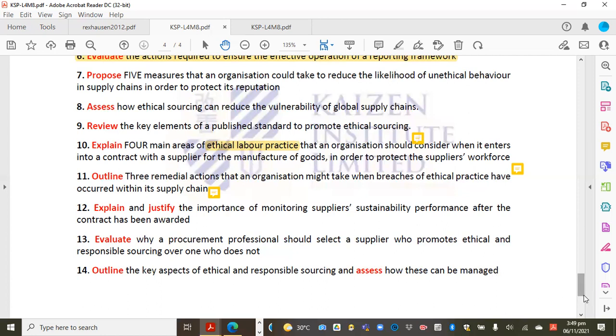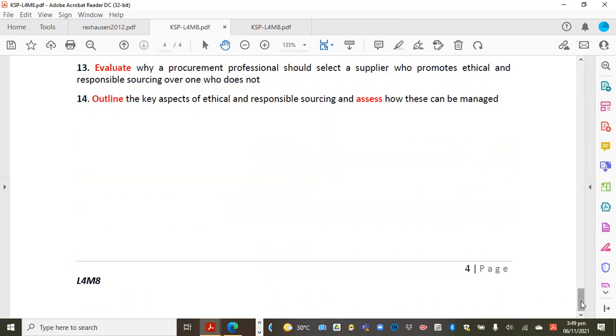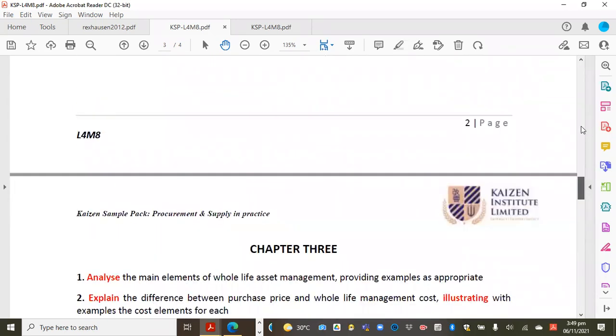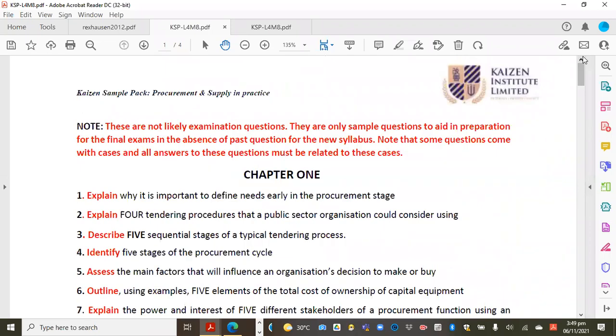So I think that is it. I hope and pray that you blow this paper. Please don't go to the exams having no idea of any question that you receive. At least of all the questions that you've covered, you are likely to get not just one, but two or more from this set. So kindly master them and prepare adequately.